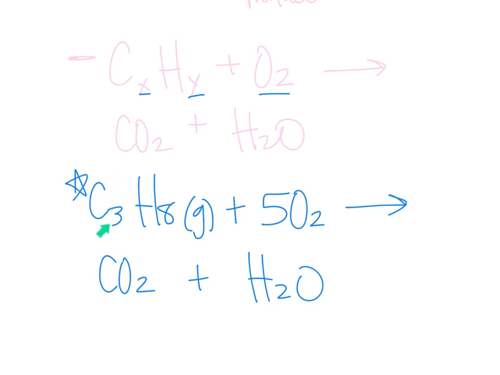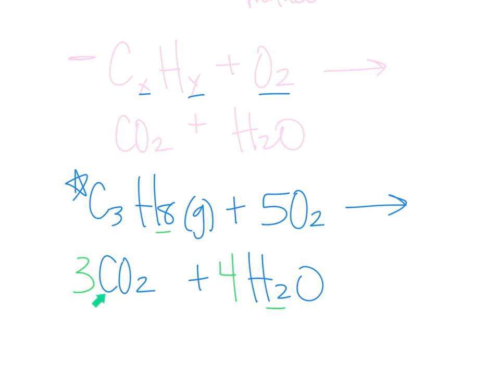So up here, we have 3 carbons. Down here we just have 1. So a quick fix to that would be to put a 3 here. And then we have 8 hydrogens over here. And how many hydrogens do we have right here? Just 2. So a quick fix would be to put a 4 there. And then let's go back and check. See if we're good.